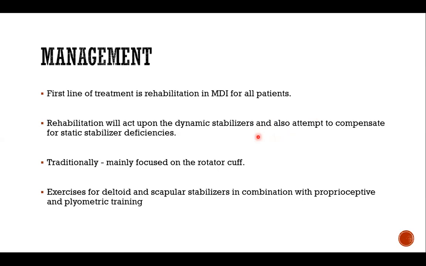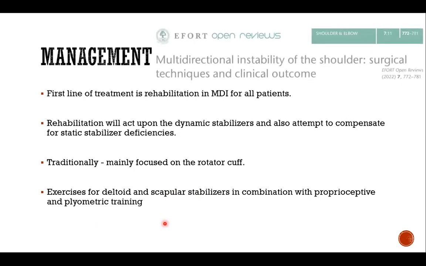We concentrate upon the dynamic stabilizers, attempting to compensate for the static stabilizers. Traditionally, recommended rehabilitation programs mainly focused on the rotator cuff, but with recent understanding of shoulder biomechanics, importance has been given to the deltoid and scapular stabilizers in combination with plyometric and proprioceptive training.